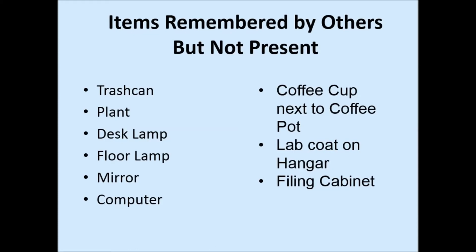Think about what our definition of a schema is. A schema is a mental organization that we have about what things should be present in a situation, such as in an office. Shouldn't an office have things such as a trash can, a computer in a modern office, perhaps a plant if it's a lady's office?